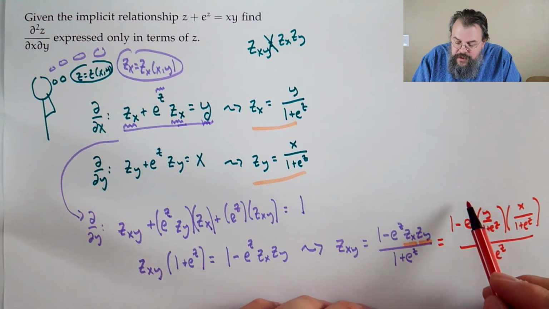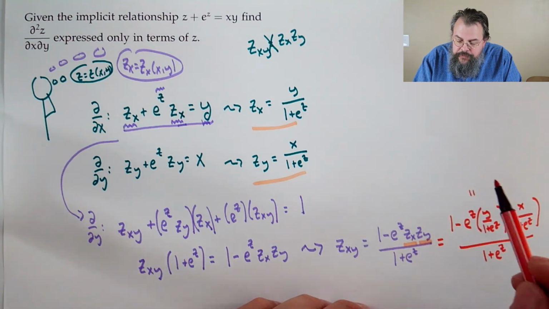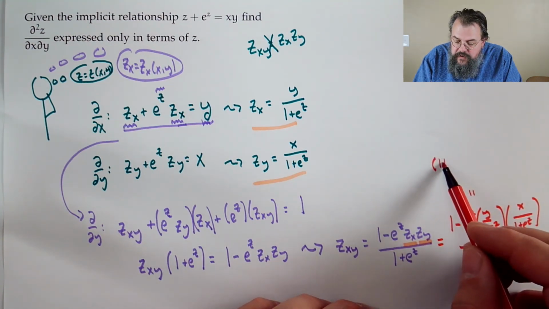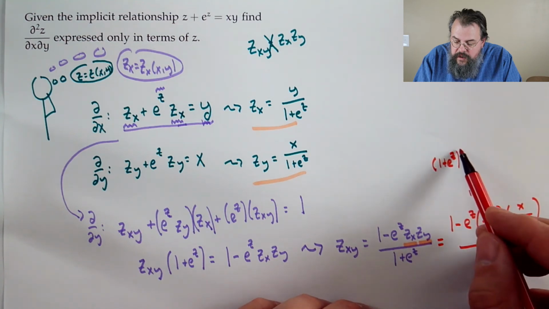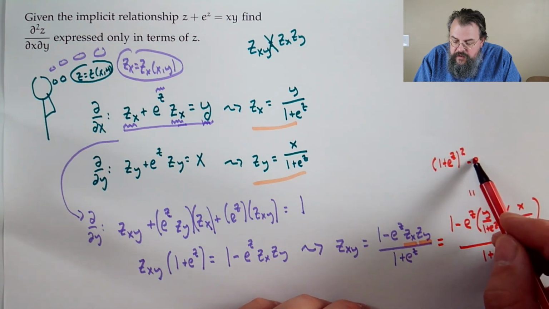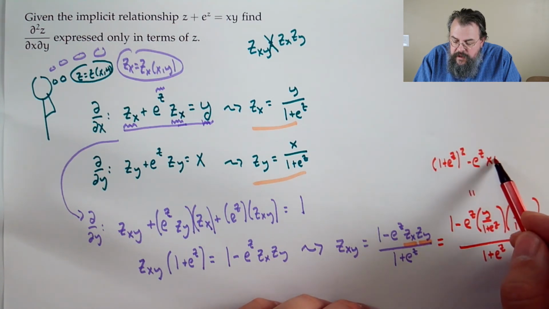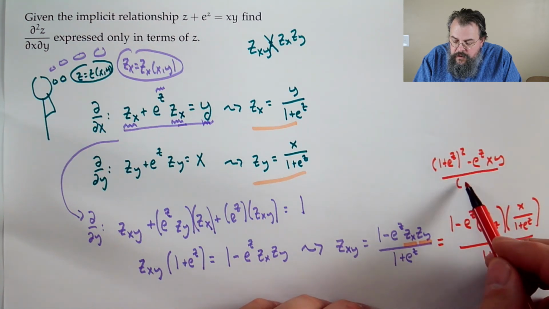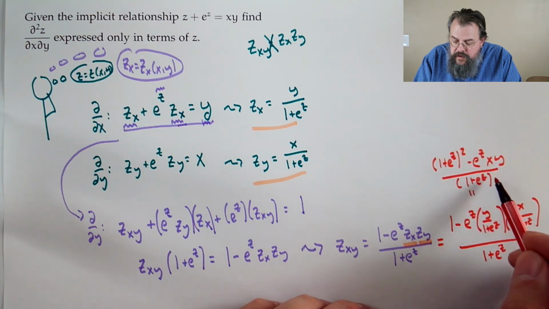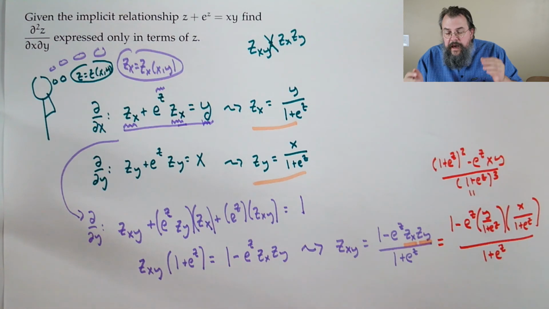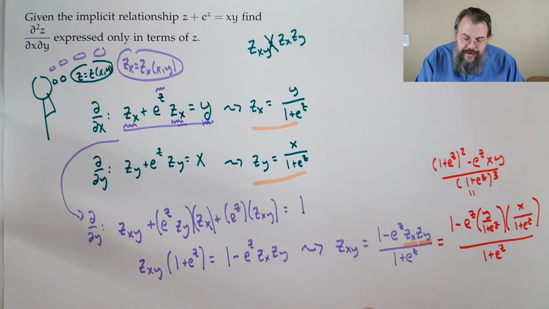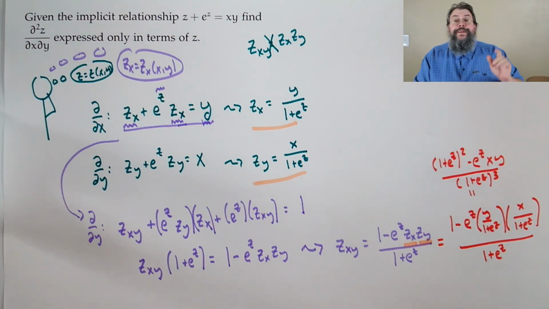We can come to the conclusion that, hey, 1 plus e to the z quantity squared minus e to the z times xy over 1 plus e to the z cubed, that is our z sub xy. Except it's not.